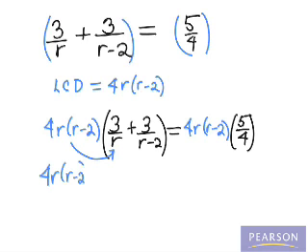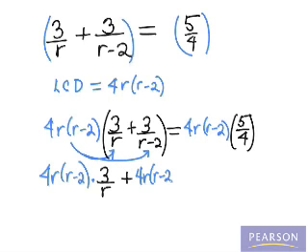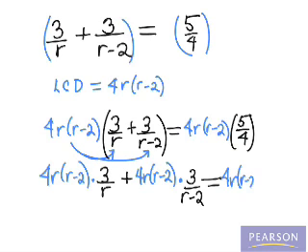4R(R minus 2) times 3 over R plus 4R(R minus 2) times 3 over R minus 2 equals 4R(R minus 2) times 5 over 4.